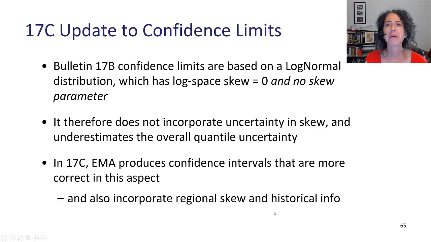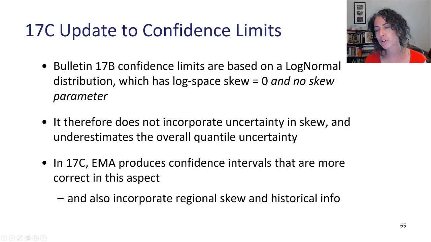So I mentioned that Bulletin 17B used that non-central t distribution, and that is based on the log normal distribution as opposed to the log Pearson type 3 distribution. The log normal distribution doesn't have skew or log space skew as a parameter, and so it doesn't recognize uncertainty in the skew. Right? And if it doesn't recognize the uncertainty, it doesn't include the uncertainty in skew in the confidence intervals.